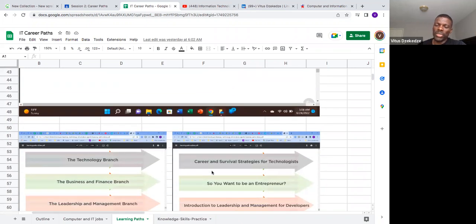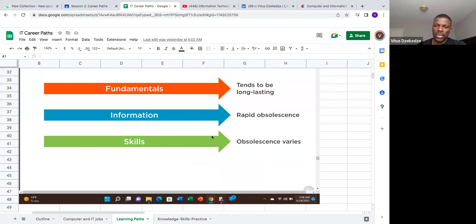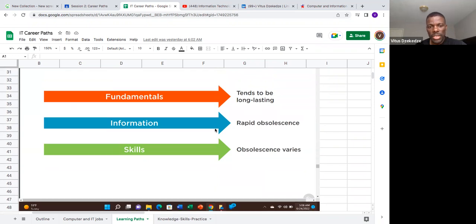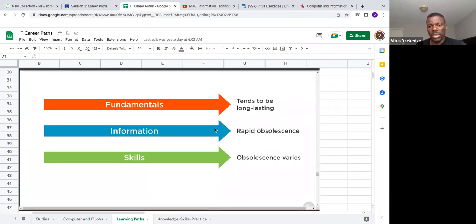Now, talking about those three different tracks, you actually build on these three tracks with your innovation. Once you've learned and gotten all the way there, you should be able to innovate. Now, if somebody is hiring you, these are the three things that they might be looking at. After going through your resume and the interview, we realize that your fundamentals knowledge is at this level, your information knowledge is at that level, your skills knowledge is at this level.